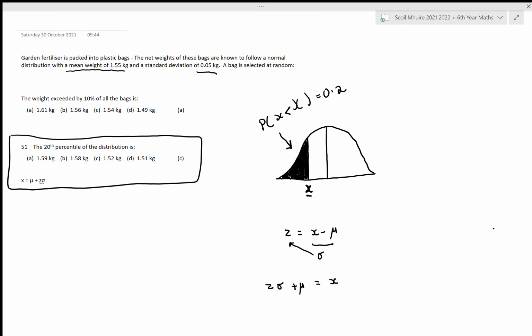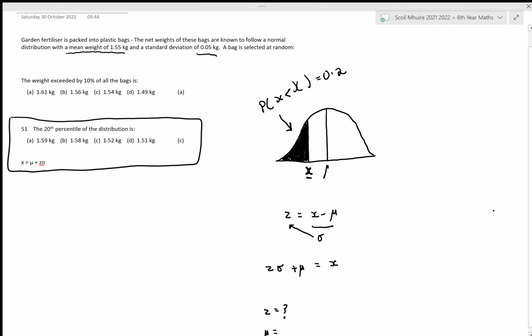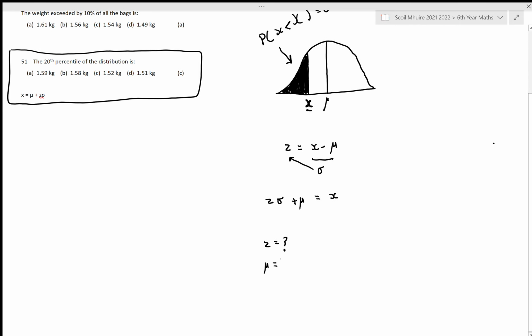To find our weight, we need to know three values. We need to know z, which is the number of standard deviations our value of x is from the mean. We need our mean, which we are given in the question as 1.55. And we need our standard deviation, which we're also given as 0.05.